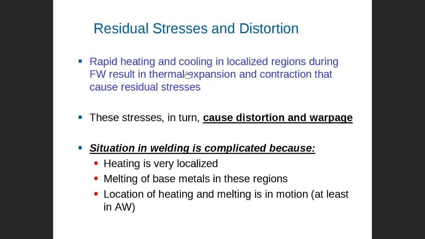It is a thermal residual stress because you do heating and cooling, but not for all the material. It is localized heating and cooling, exactly in the weld zone, not all the part, right?